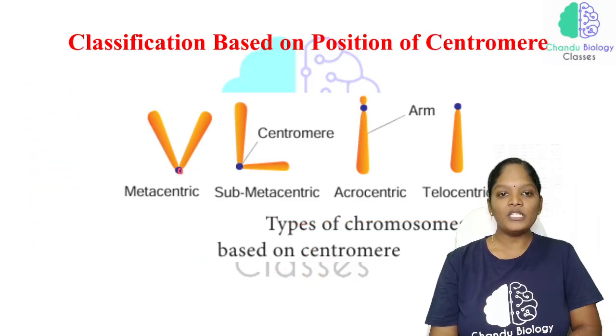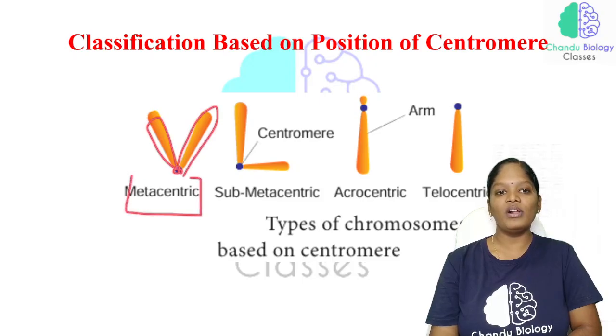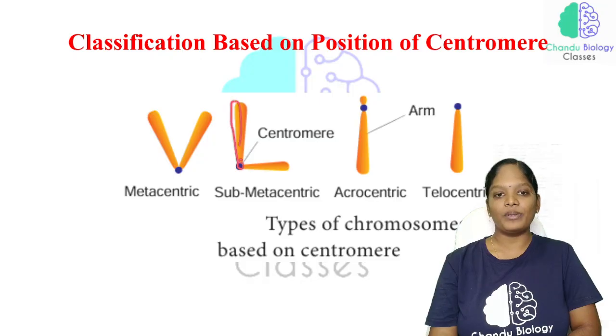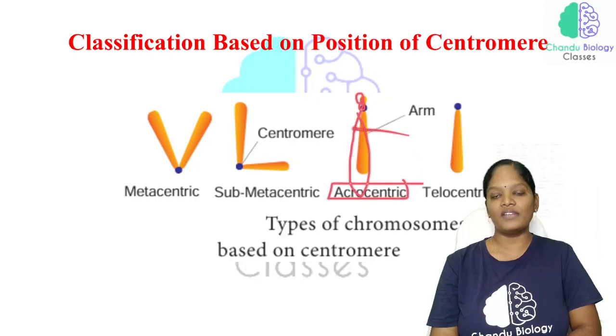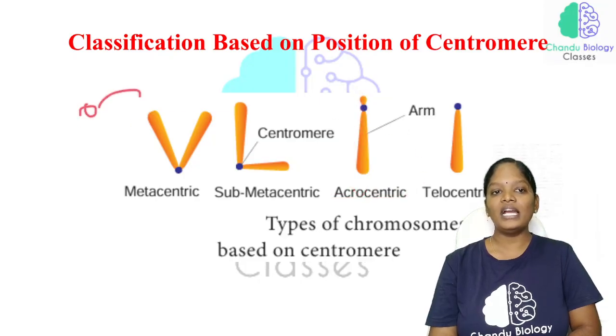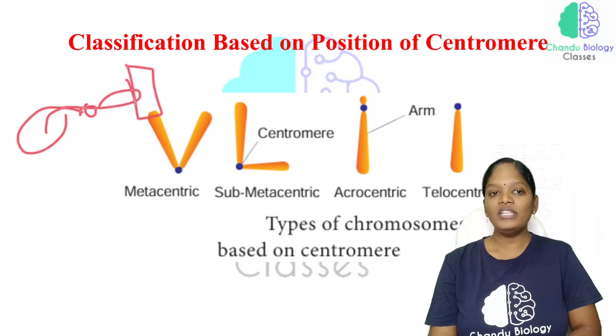If the centromere is present at the center and the chromosome is V-shaped, we call it metacentric. If it is L-shaped, it is called submetacentric. If the P arm is very short and the other arm is very long, it is called acrocentric, which means towards the end. It is not exactly at the end. If the centromere is present exactly at the end, we call it telocentric.